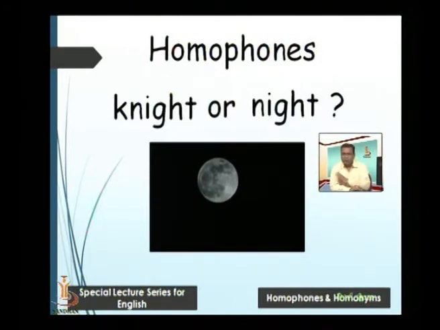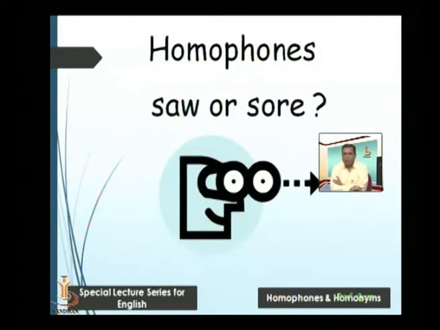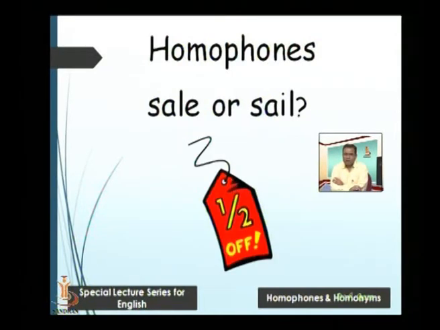Then again some dark picture of sky at night, and the word is knight or night. Saw or sore, seeing, eyes are given, and sore, S-O-R-E. Some price tag is given. Sale, S-A-L-E, or sail, S-A-I-L.